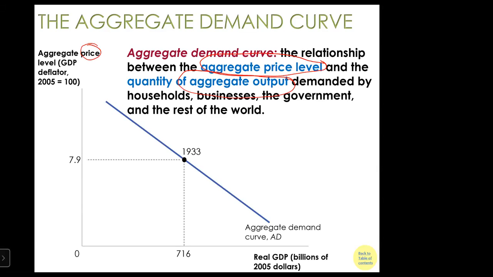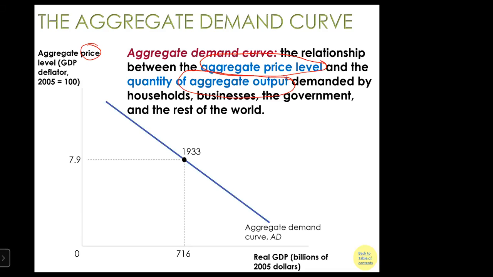Remember the difference between CPI and a GDP deflator. Okay, both are price indexes, but a GDP deflator includes a larger set of goods and services compared with CPI, right? And so this aggregate demand curve shows that the lower the price level, the higher the aggregate demand, right?